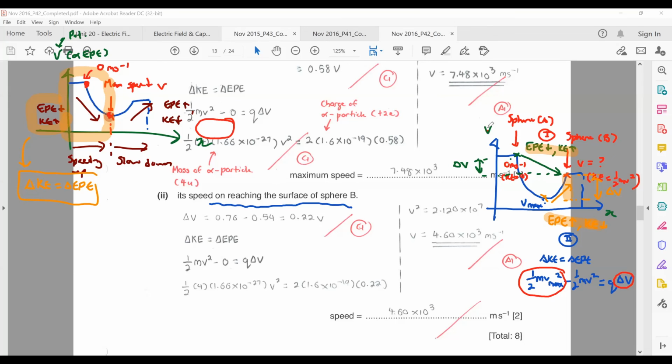But if you're using the first method, your delta V is here. Okay, so there are different values. But you will still get back the same answer. Alright, doesn't matter whether you're using method 1 or method 2, you will still get back the same answer. It depends on your preference actually.